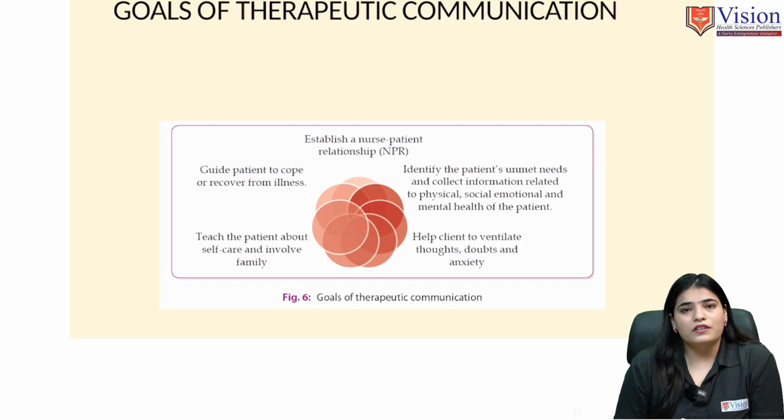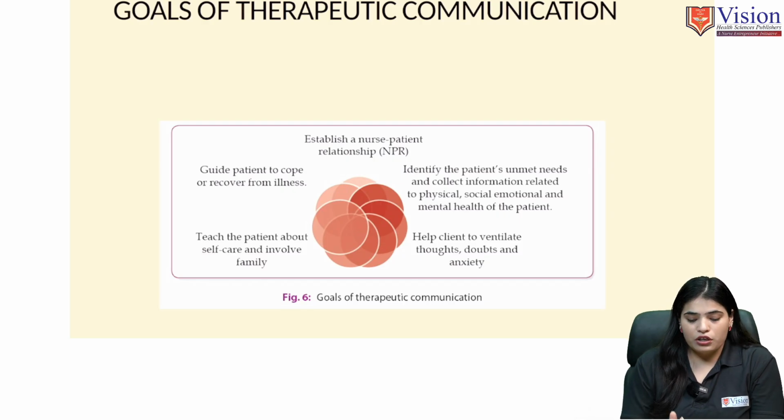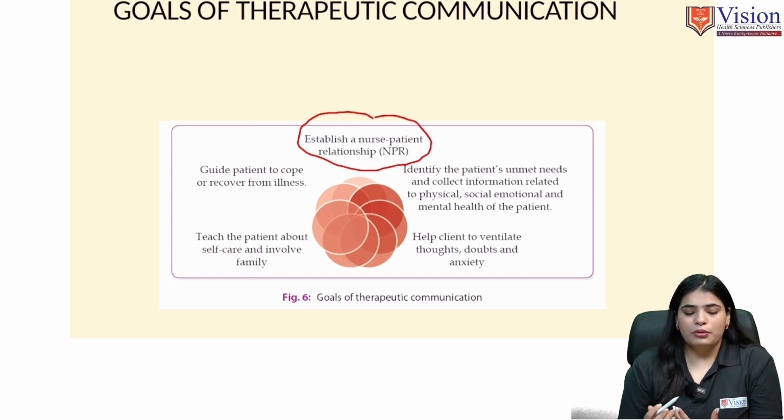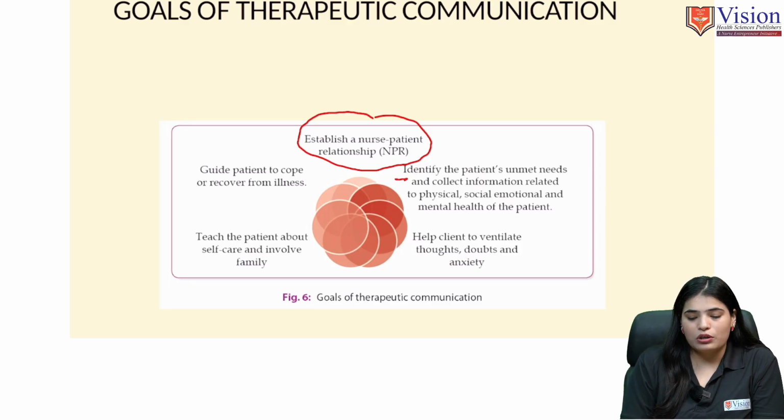So, what are the goals of therapeutic communication? The first goal is establishing a nurse patient relationship, NPR. We have to make sure that we are building a therapeutic relationship, in which we work for the betterment of the patient. The next goal is to identify the patient's unmet needs.